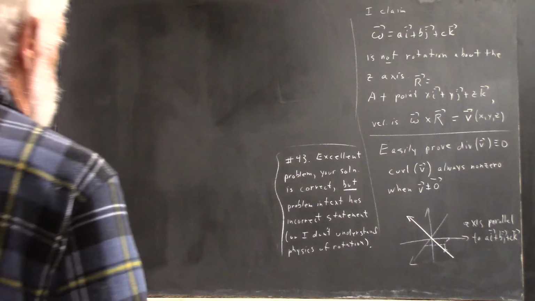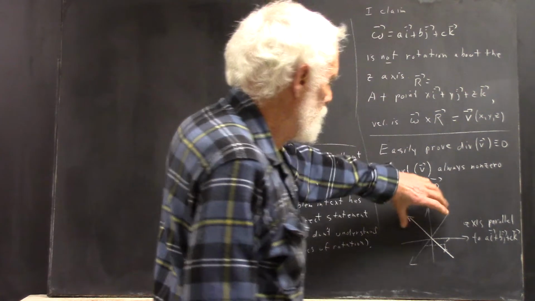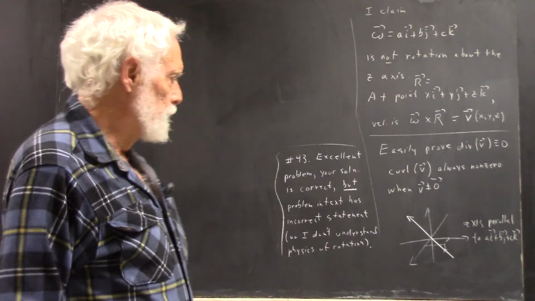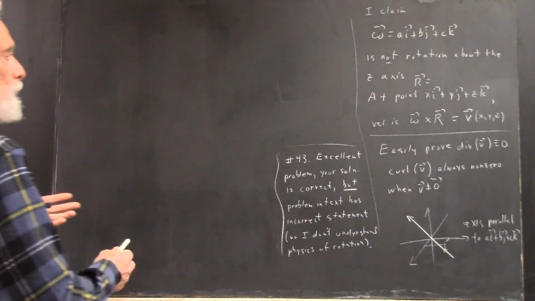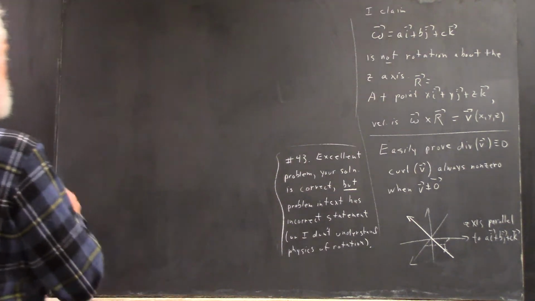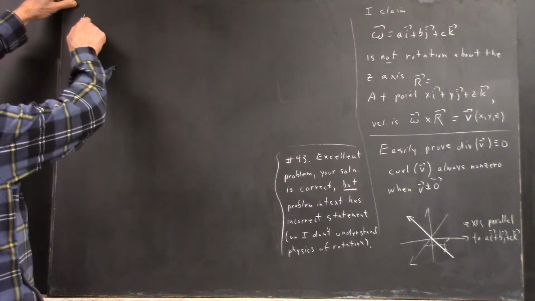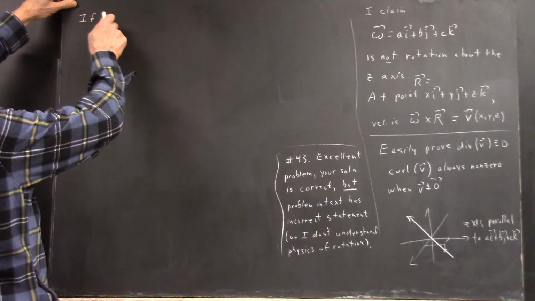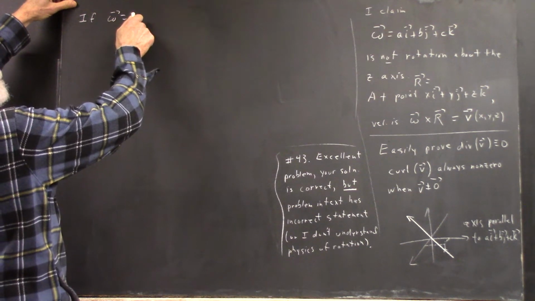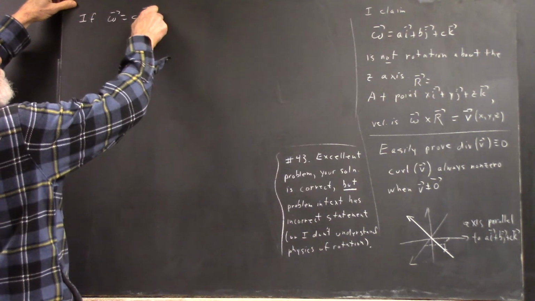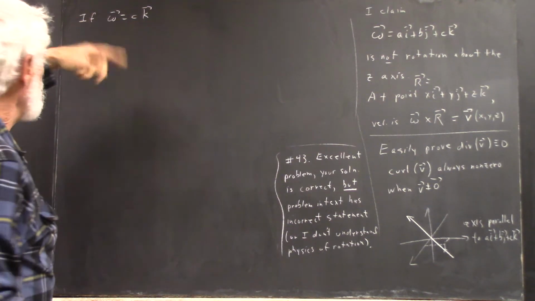Okay, a minute ago I stopped here at the point of trying to draw this because it's too hard to see the perspective on this crude drawing. So what I'm going to do is assume that we do have a rotation just about the z-axis.